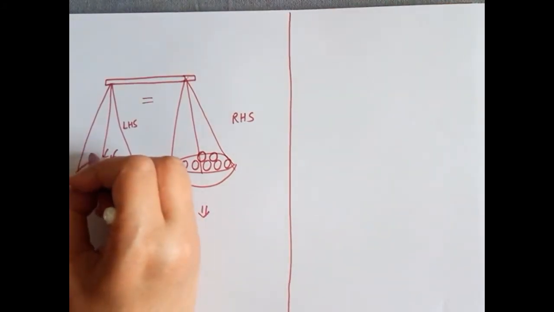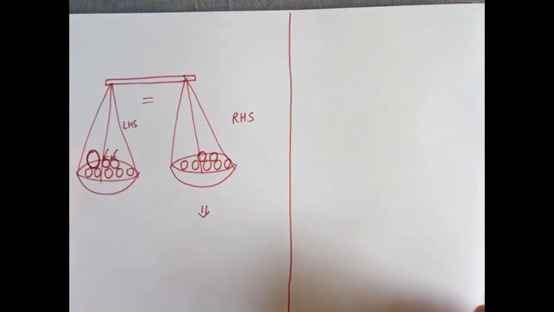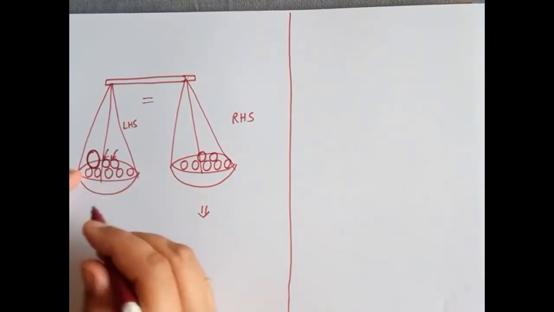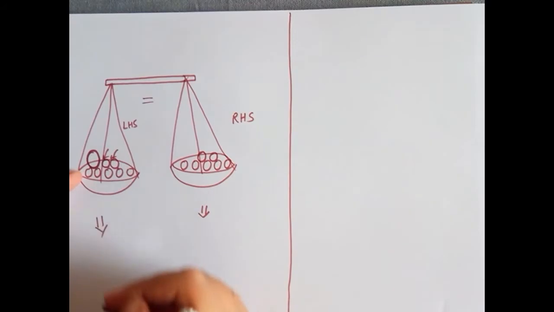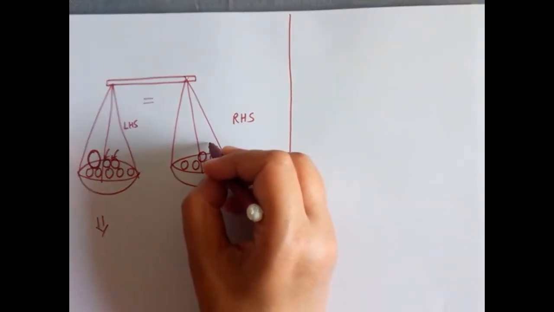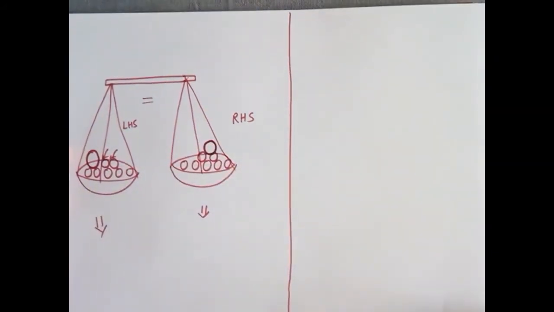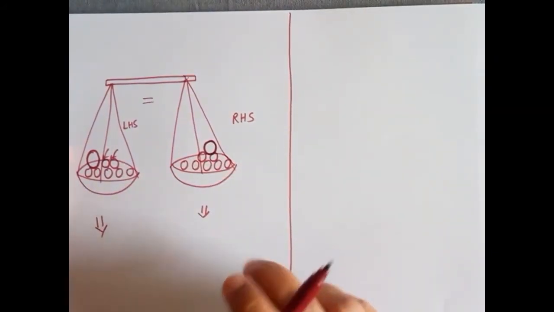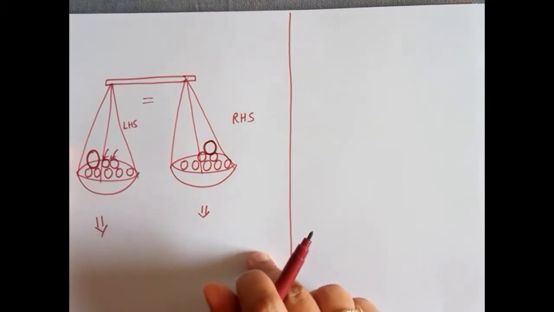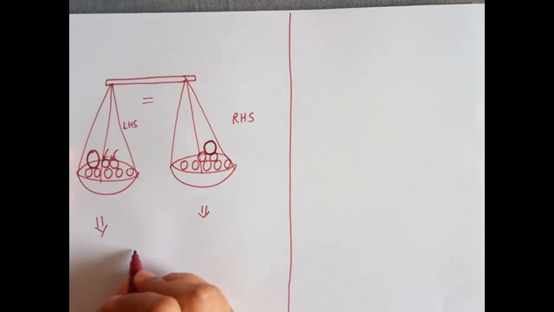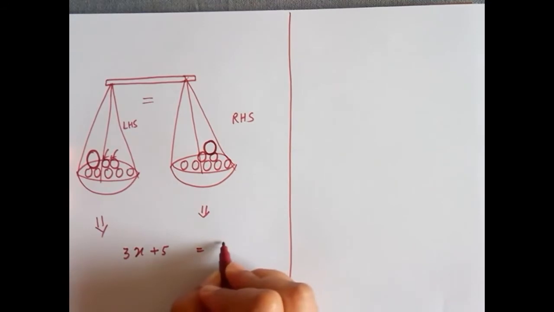Now again if you add one big pebble here on the left hand side, the same thing will happen on the left hand side. Now the left hand side is heavier, so it will be tilted downwards. Now to make it perfectly balanced, you have to add one more big pebble on the right hand side. This is the only method to solve a linear equation or any equation, like if it is 3x plus y is equal to 7.